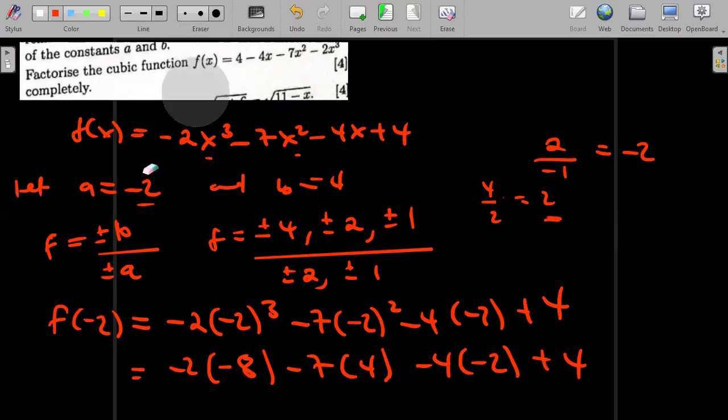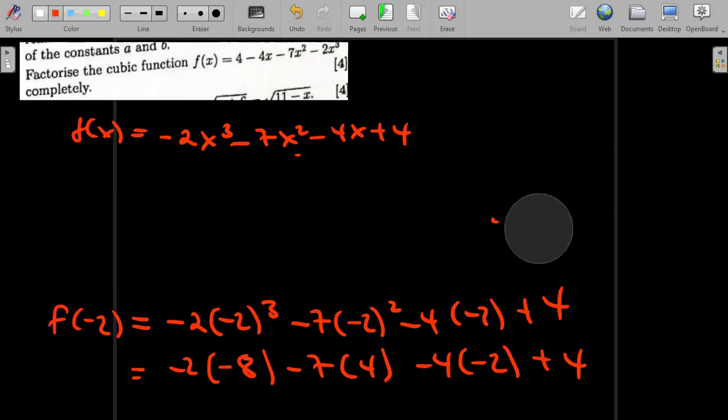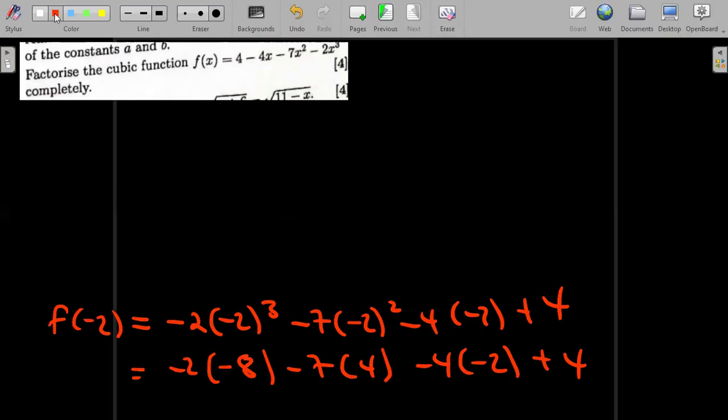So this here is going to give me, multiplying the negatives, a positive 16. When you multiply the negative 7 and 4, that just gives you negative 28.